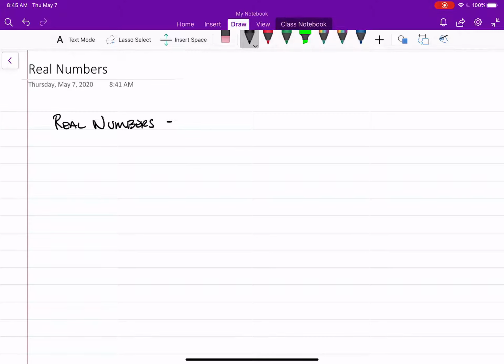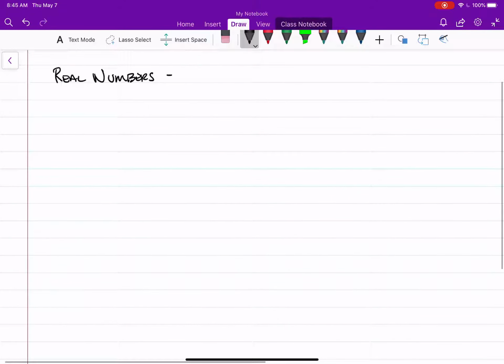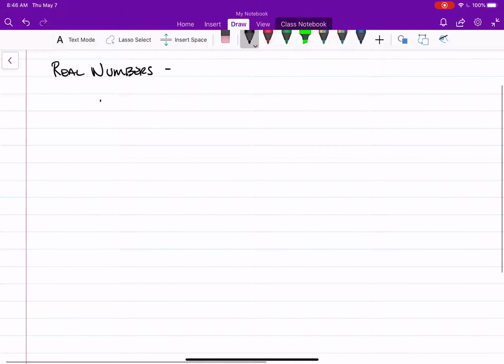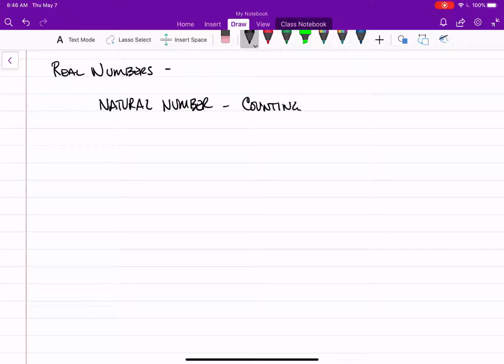So real numbers consist of several different things. One of them is called a natural number. Natural numbers we also call counting numbers. Well, counting numbers, we typically count how?